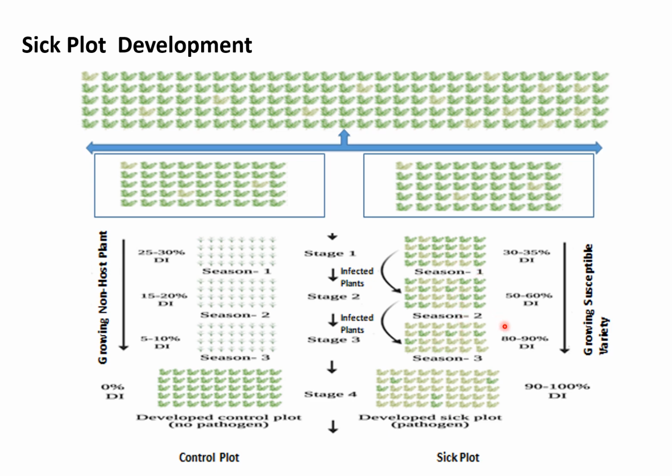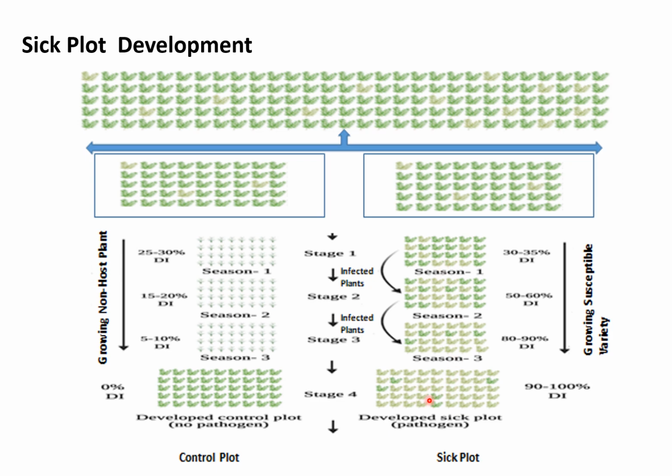And next season, when you grow the susceptible variety, the disease incidence may jump up to 80 to 90%. And in the very next season, which is probably the fourth year, all the plants of the susceptible variety you grow on that part of the land, which we nominated as a sick plot, show the disease symptoms.